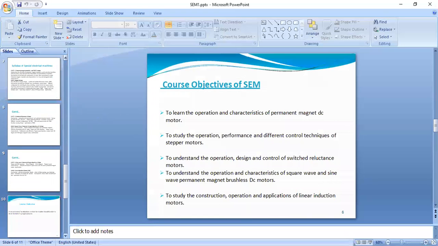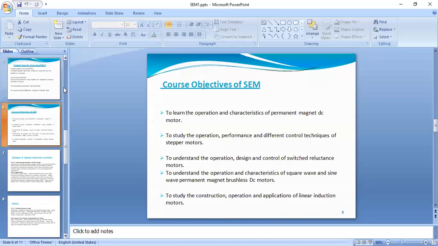Now once the course is over, the student should be able to obtain this knowledge once the course is completed.